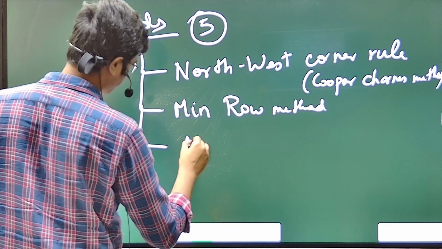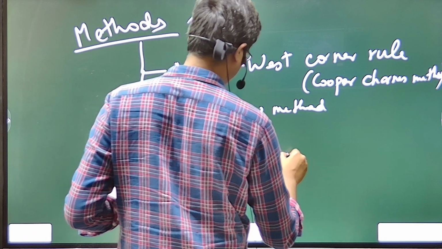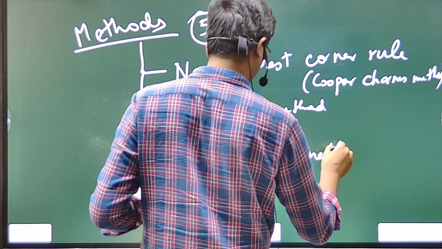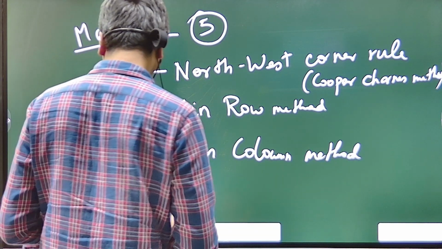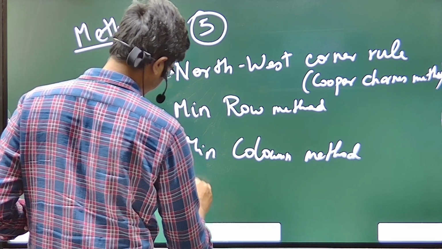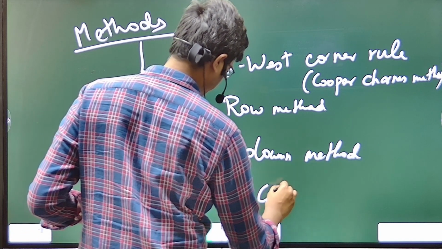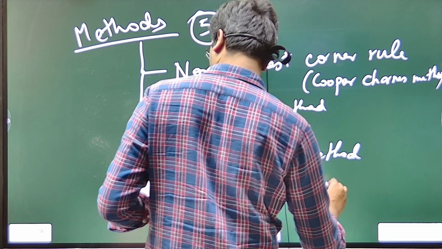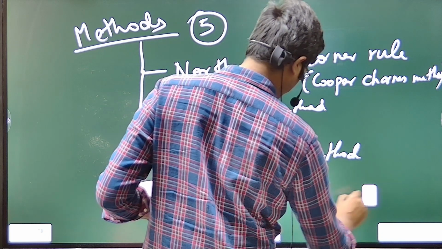Next is the minimum column method. Next is the minimum cost method, the minimum cost matrix method.